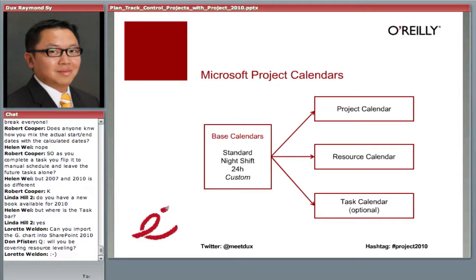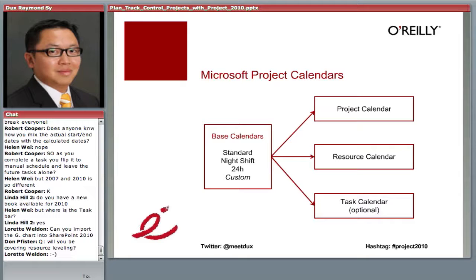So listen up. Microsoft Project comes with what's called base calendars. In fact, it's these calendars that figure out when certain things should happen. Out of the box, you have 3 base calendars: the standard base calendar, the night shift base calendar, and the 24-hour base calendar. These calendars define working time. Again, listen, base calendars define working time.